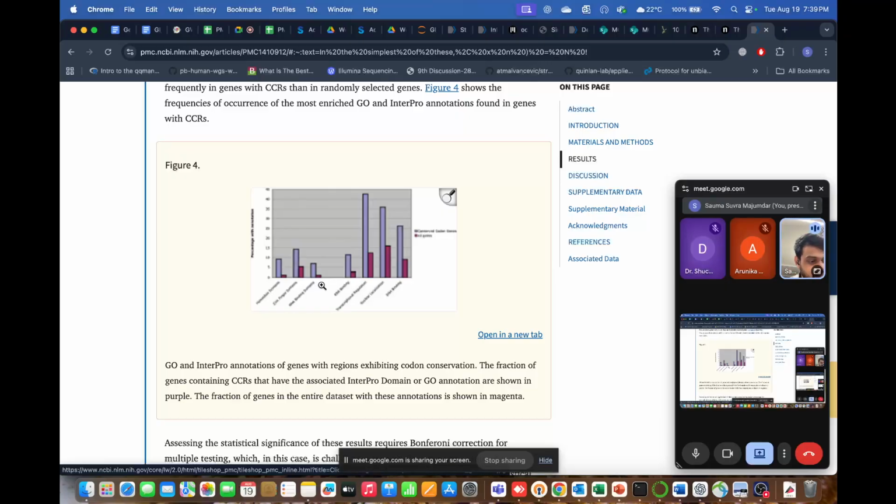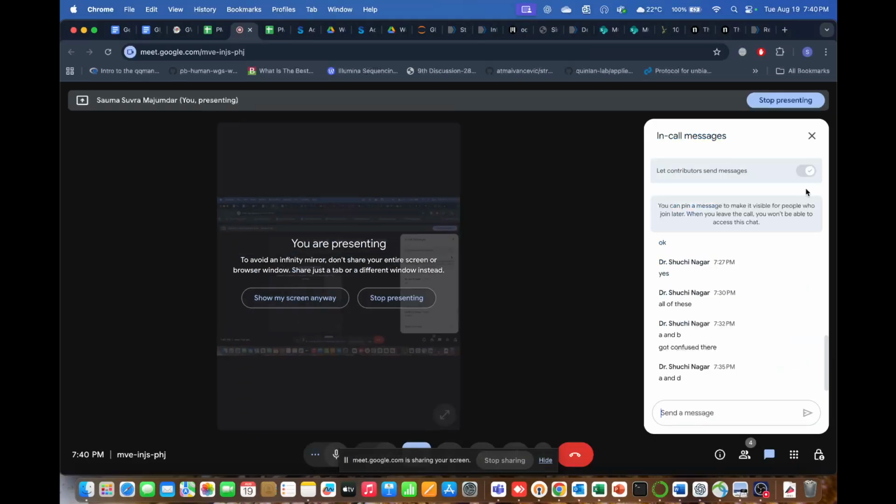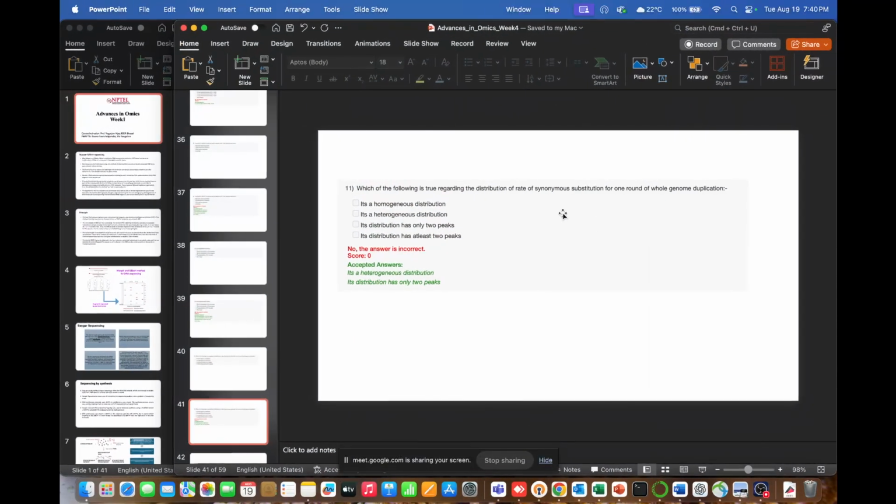Let me see if I can find anything better. Yeah, but the idea is that after one set of duplications, it will have two peaks and it will not be a homogeneous distribution.